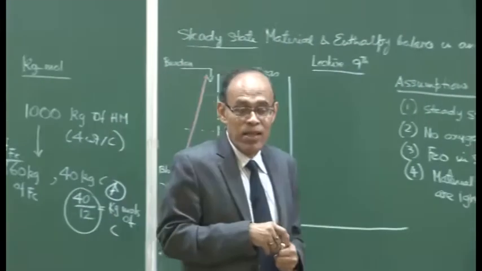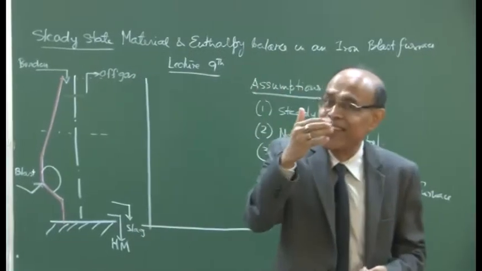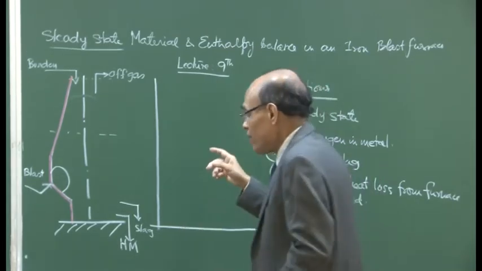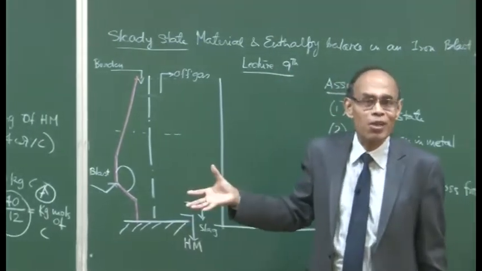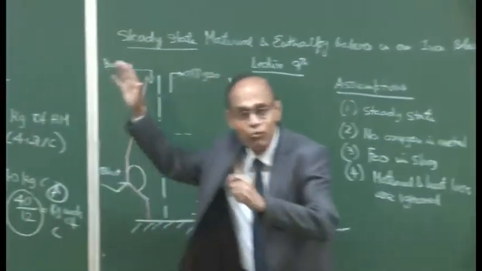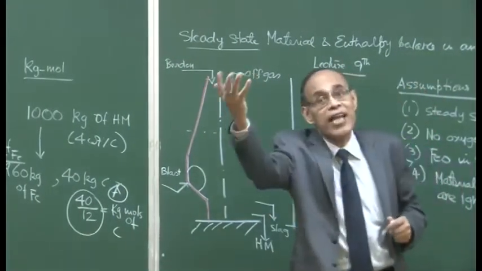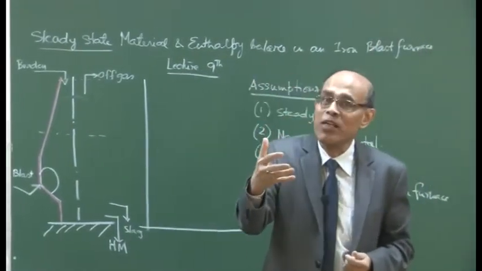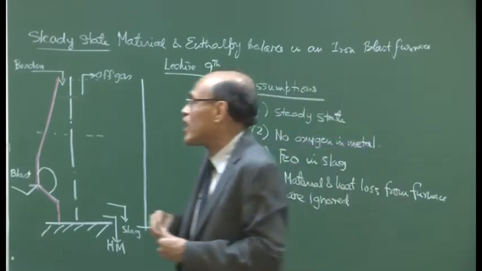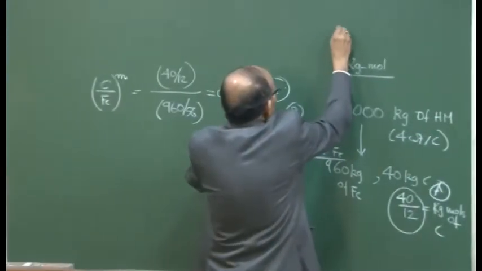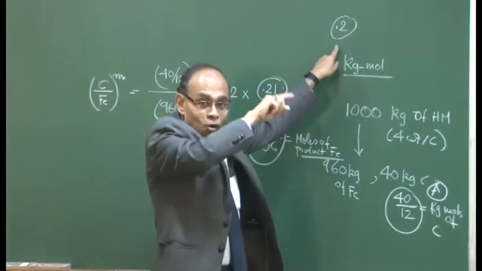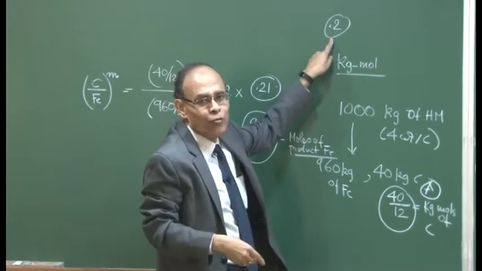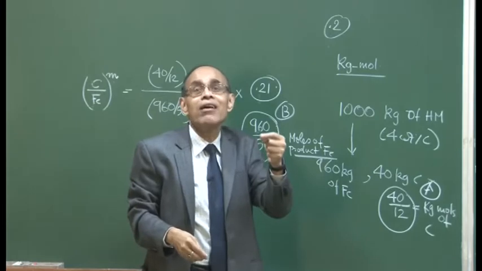We must understand that we will not approximate in the second or third decimal place; we require calculating at least to the third decimal place, because our blast furnace produces 10,000 tons of hot metal. We are doing a per mole basis calculation, but we are going to eventually upscale that on a daily basis: how much coke is necessary per ton of hot metal. If you approximate, take 0.2 as the value and do the scale up per ton or per 1000 tons of hot metal, you will arrive at an erroneous value.